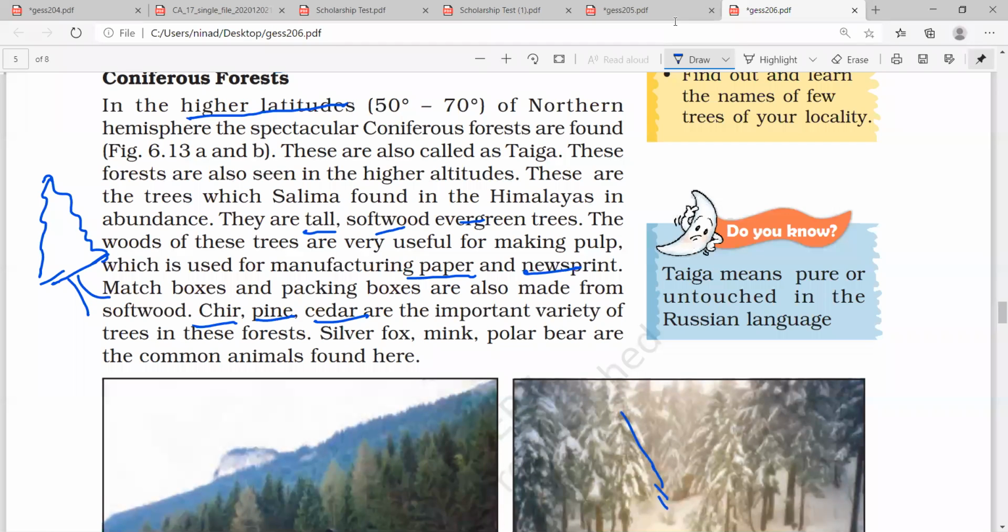Chir, pine, and cedar. You can write down this word: taiga. Taiga means pure, untouched. So this type of forest is a pure forest. That means not only untouched, but you find the same species variety.